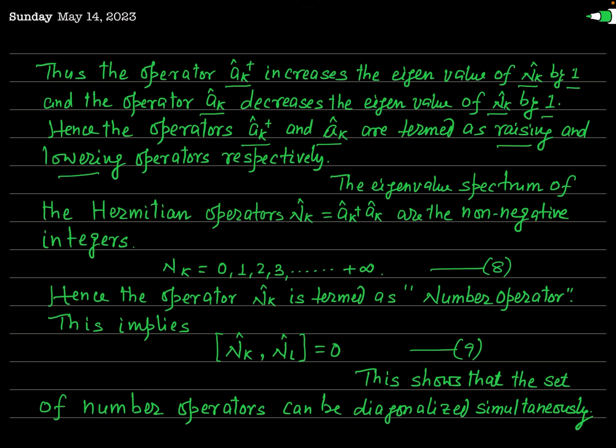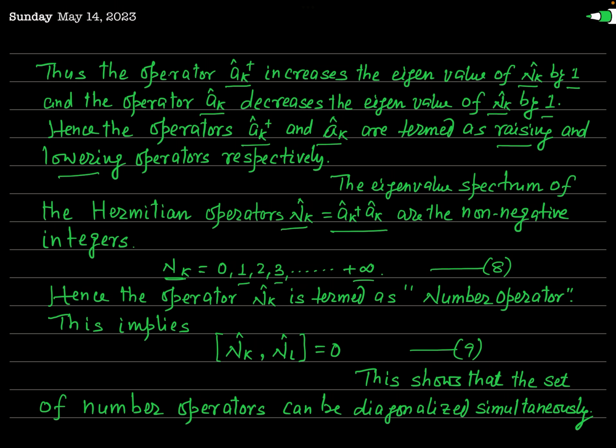Now the eigenvalue spectrum of the Hermitian operator nk hat, as I told you earlier, consists of non-negative integers: 0, 1, 2, 3, up to plus infinity, in steps of 1. This is why we say nk hat is a number operator.